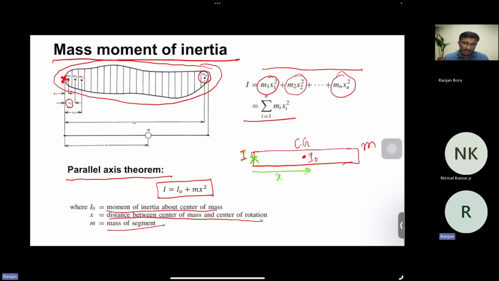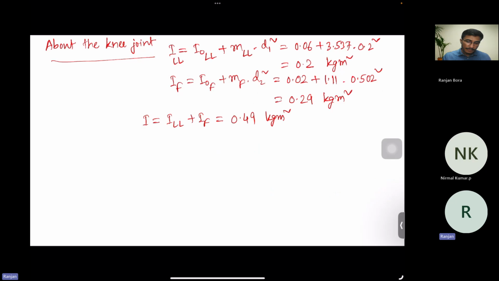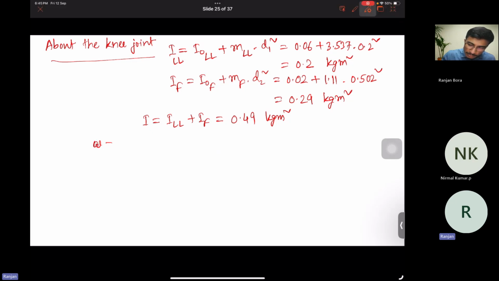So is alpha given? Yes. You can see the tangential acceleration is given. So now we need to find the angular acceleration using this tangential acceleration.